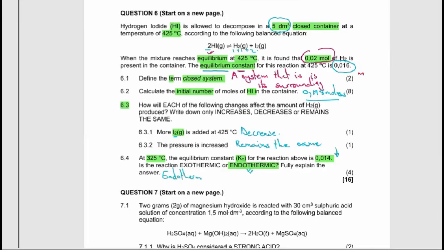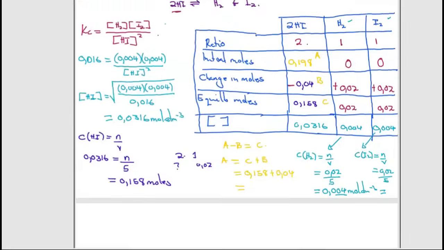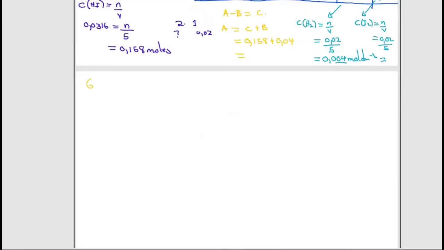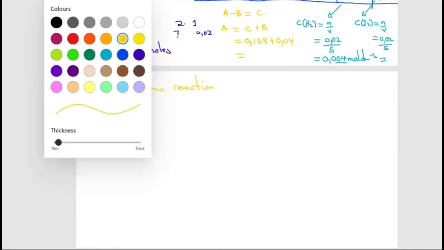Then to explain this, allow me to use this other space there. So this is question 6.4. We're saying the type of reaction is endothermic. So this is an endothermic reaction. Then we are supposed to explain what is actually happening there.